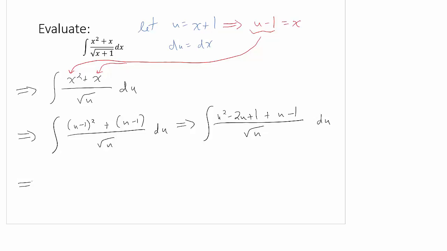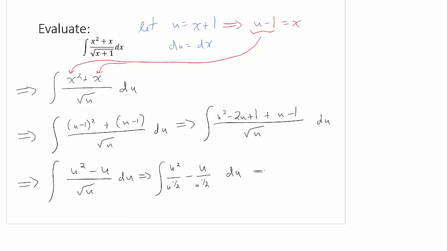And so then that numerator simplifies further. After I combine like terms, I'd have u squared minus u over the square root of u du. And I can break that up. So then that's u squared over u to the 1/2 minus u over u to the 1/2 du.